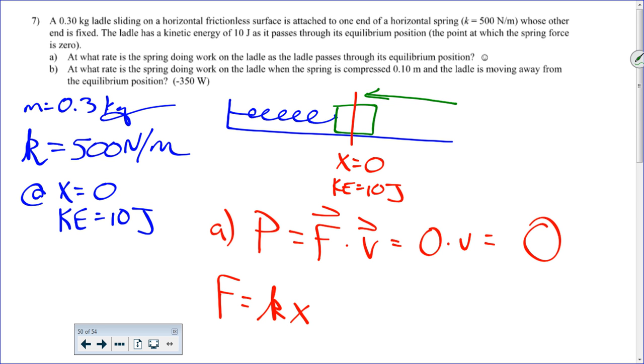But as it passes that point, it's going to be pushing against the spring and slowing down. So this is the point where your acceleration is 0. It stopped speeding up, but it hasn't started slowing down yet. Cool? Any questions with A?